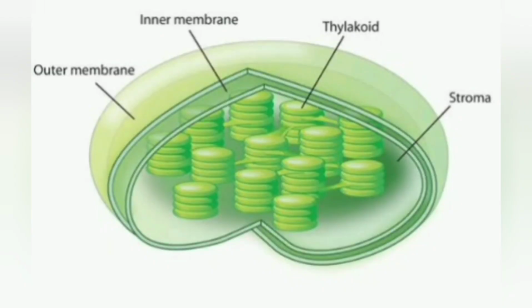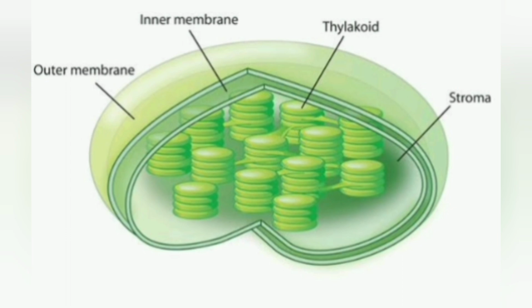Now we are going to study in detail the structure of a chloroplast. This is the labeled diagram of a chloroplast. When we study its structure, you can see an outer double-layered membrane, an outer membrane and an inner membrane. Inside the membrane, there is a liquid part, called the stroma.